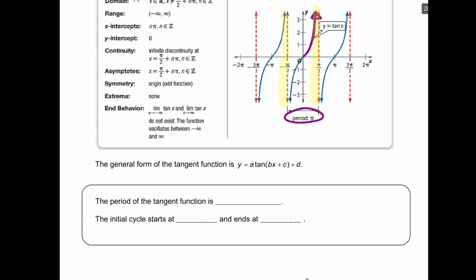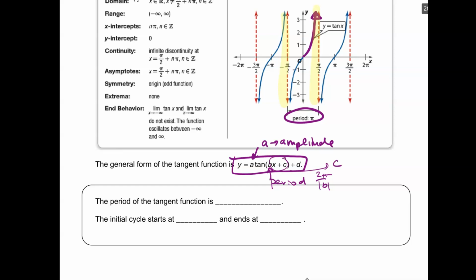Okay, so we come down here. Let's practice. Notice the general form is super similar to a sinusoid, right? Here we already learned A is the amplitude. So what number are you multiplying every single point by? B, that's how you can find the period: 2 pi over B. And then the C, how do we find the phase shift?